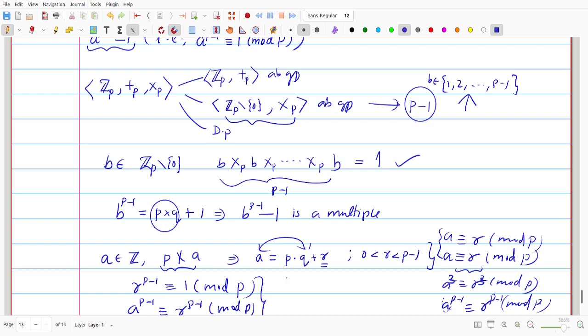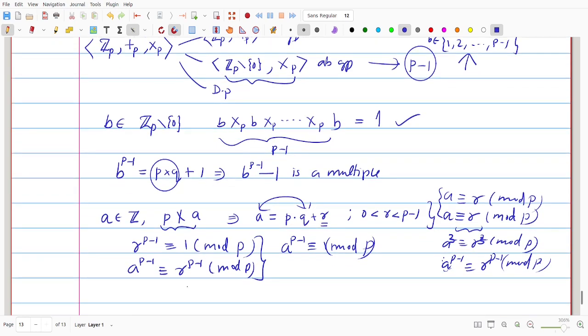You can replace this R raised to P minus 1 by A raised to P minus 1. So you can write A raised to P minus 1 is congruent to 1 mod P, because R raised to P minus 1 is congruent to 1 mod P. Okay, so A raised to P minus 1 is congruent to 1 mod P.